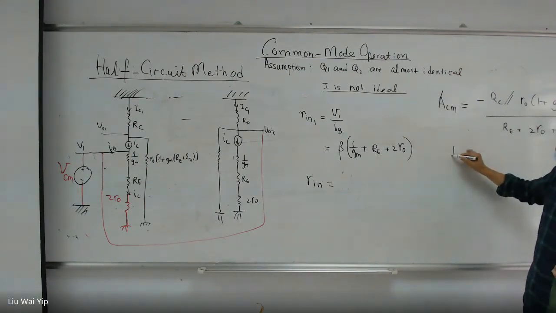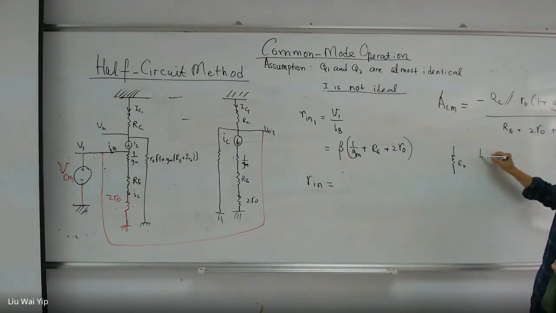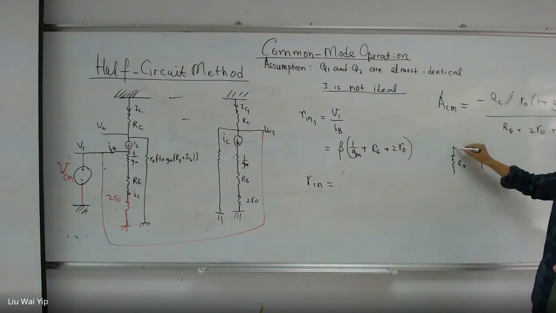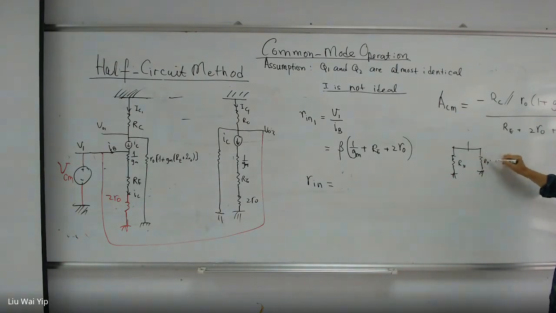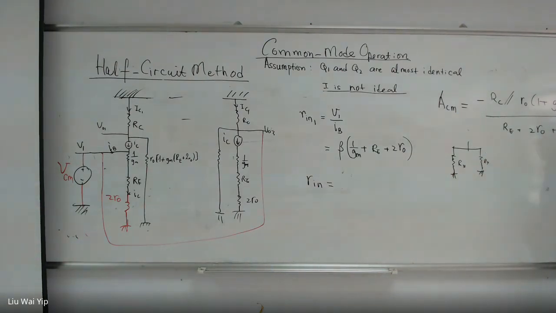When you have two resistors, Rx and Rx, connected together in parallel, what is the resistance of this structure?